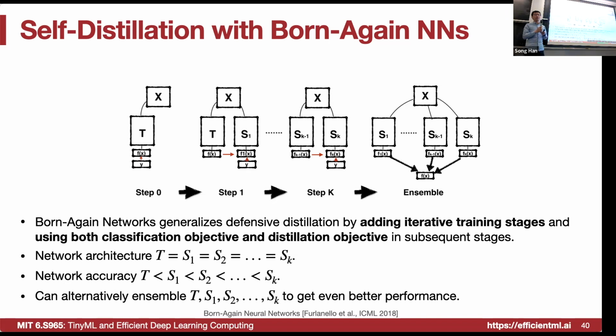And then in step 1, is S1 initialized randomly and then tries to learn the same fx? Yes, S1 is initialized randomly and t is pre-trained. But it's still trying to learn fx from t, right?